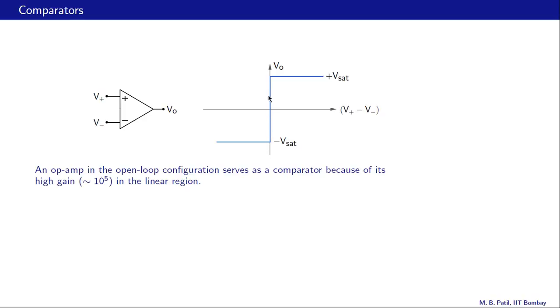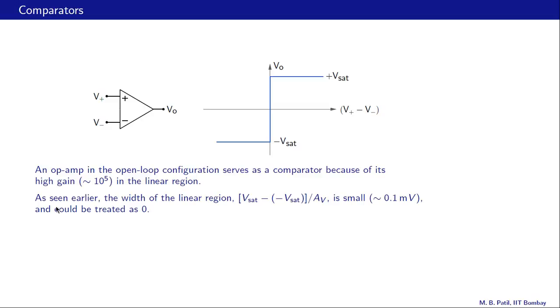This is our linear region, and the width of the linear region, as seen earlier, is Vsat minus Vsat divided by AV, and that is very small, something like 0.1 millivolts, and we can treat that as 0. So in short, if V plus is greater than V minus, we can say that VO is plus Vsat, and otherwise VO is equal to minus Vsat.